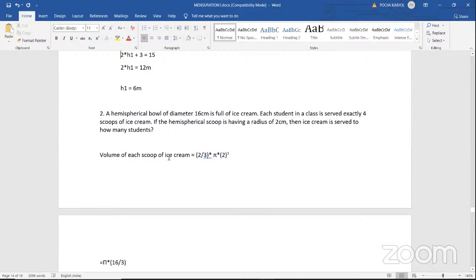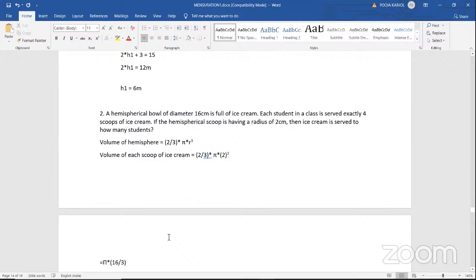So volume of each scoop, start with small. What is the volume of this one? Hemisphere: 2 by 3 pi r cube. Correct. So the volume of each scoop of ice cream is 2 by 3 into pi into 2 cube.